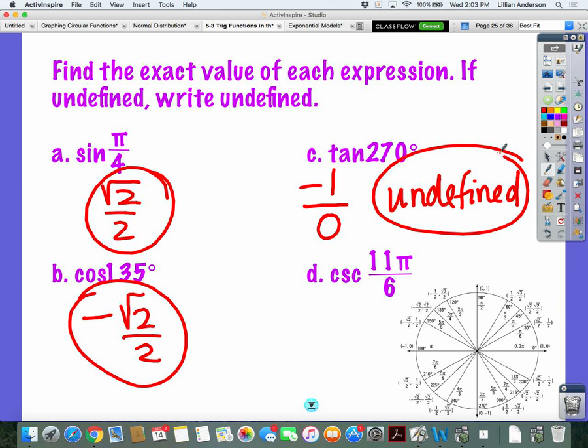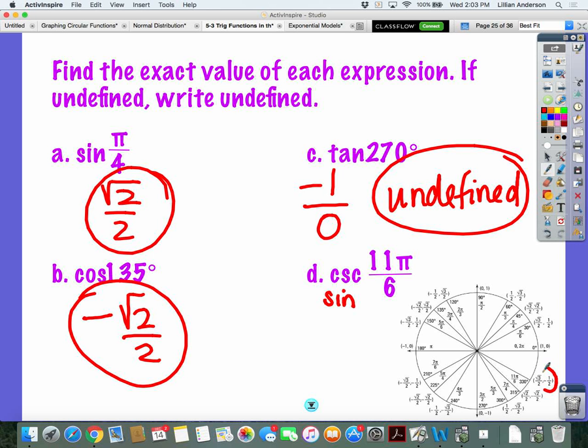Now this one, ooh, what does it stand for? Cosecant is the reciprocal of sine. So when you're doing these reciprocal ones, you're looking for the x or y value of this angle. The y, because remember this is the reciprocal of sine. What's the y value of 11 pi over 6?